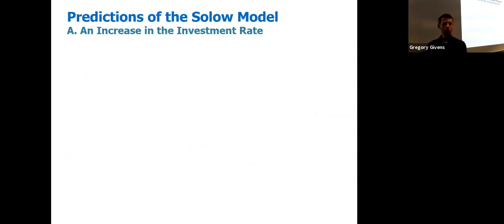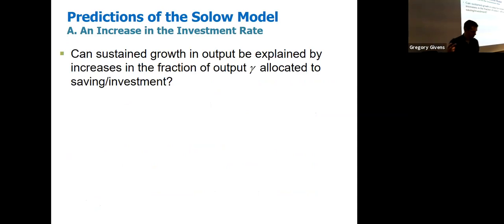Okay? In the short amount of time I have today to talk about this, I want to discuss two potential forces or factors that might cause things like capital and output to actually grow over time in the context of the Solow model.